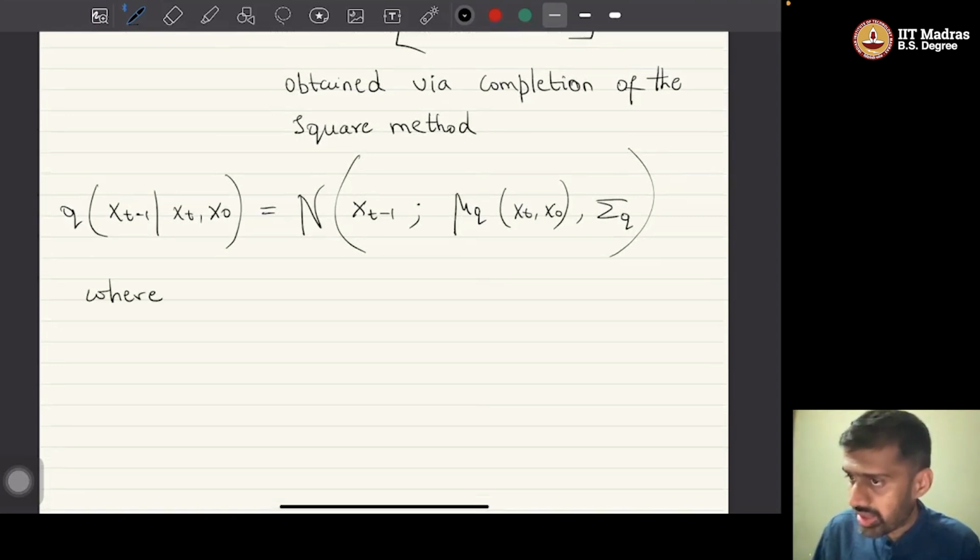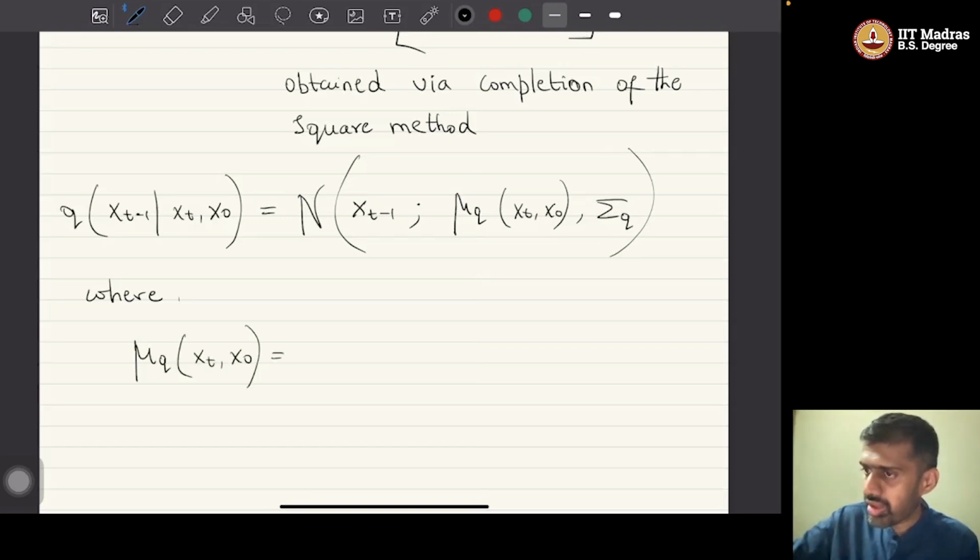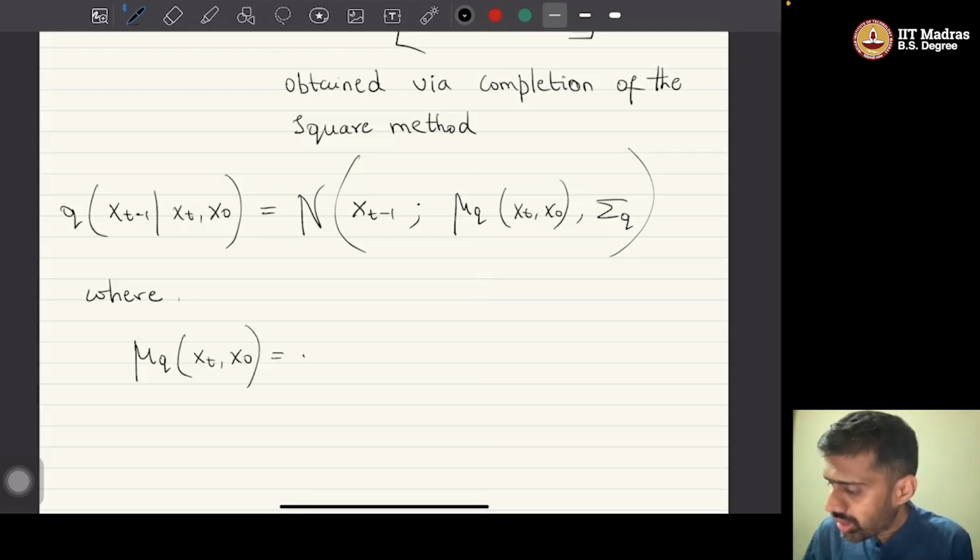this is a piece of algebra that I want you to just verify. It can be easily verified. Mu q, the mean of this particular Gaussian distribution, is given by this expression. This is equal to root of alpha t times 1 minus alpha bar t minus 1 into xt.